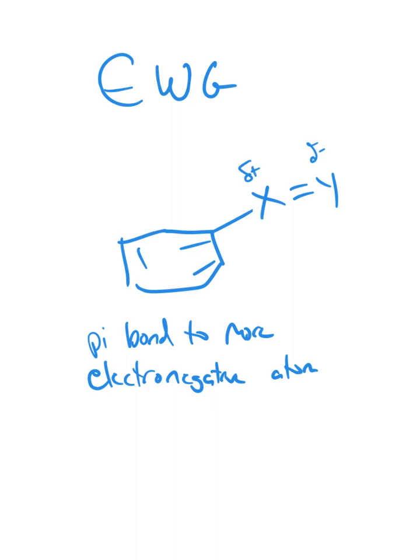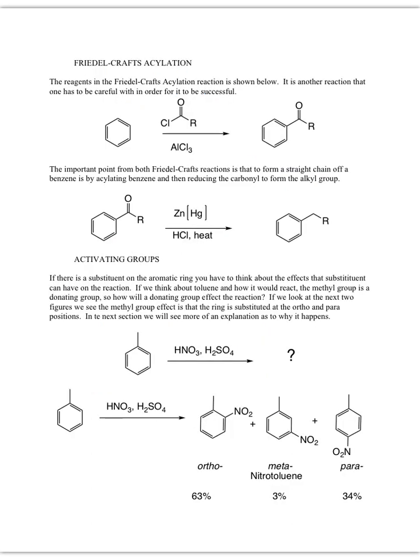The one of these that's different than this is if you have a full positive on the atom right off of the ring, that's also a withdrawing group, even if you can't draw resonance structures to it. So with the electron withdrawing group, we'll either have a positive on the atom right off of the ring, or it'll have a pi bond to a more electronegative atom.